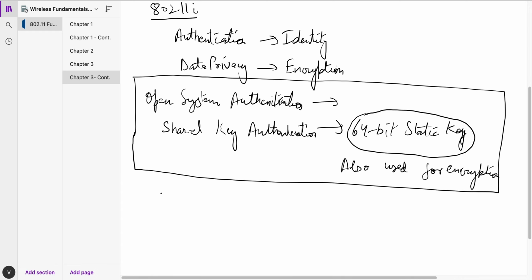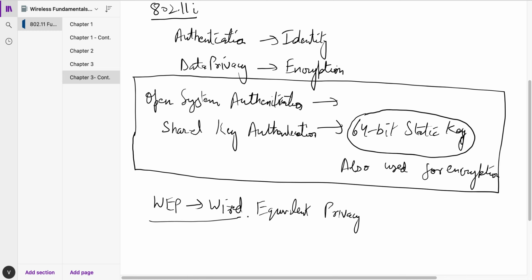And also, when we talk about data privacy, we had one type of encryption that was used, which is WEP encryption, also known as wired equivalent privacy. This was the encryption that was used.